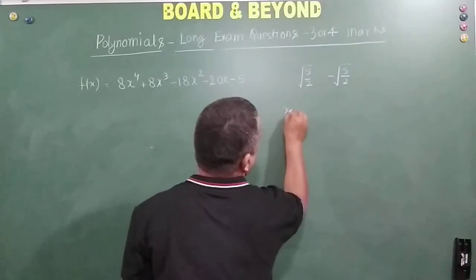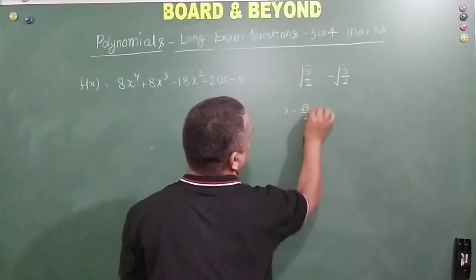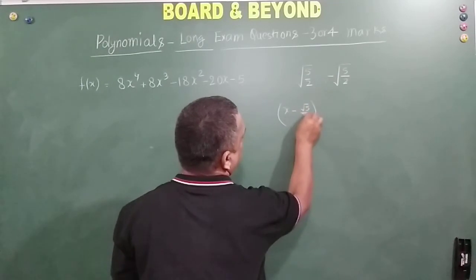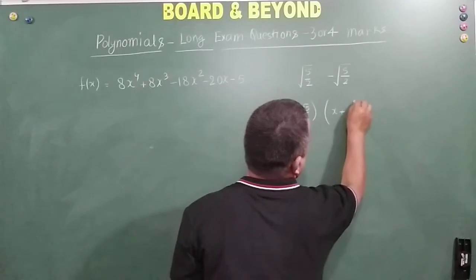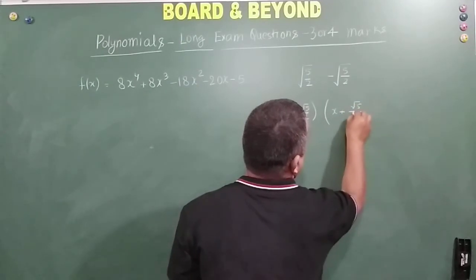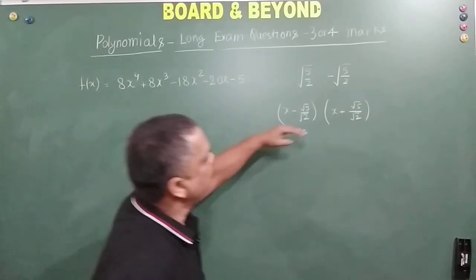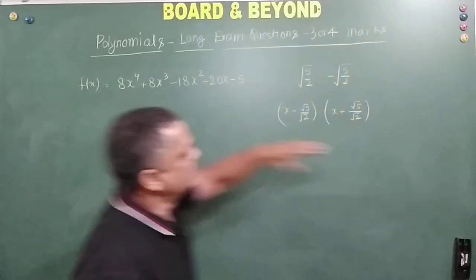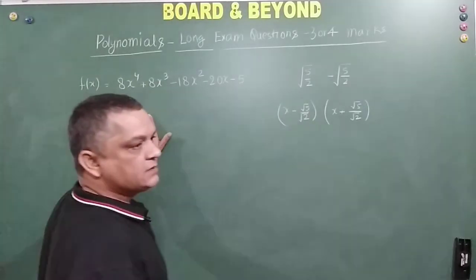So one is x minus root 5 by root 2, and x plus root 5 by root 2. Okay, so can we say that this is an independent factor of this and this is an independent factor of this? So the product of these is also a factor of this, right?